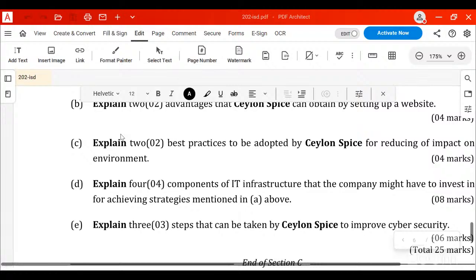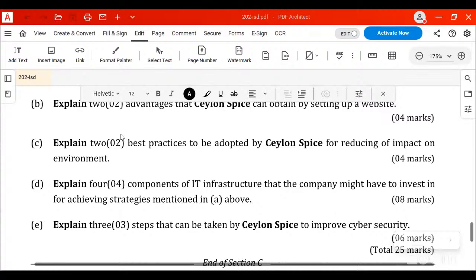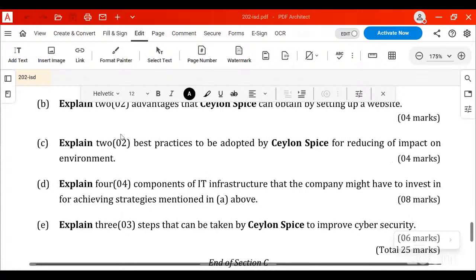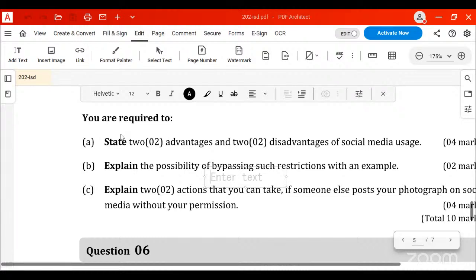Explain four components of IT infrastructure that the company might have to invest in for achieving the strategies mentioned in above A. What are the strategies you have quoted in A, right? For IT infrastructure for warehouse management. One is hardware: computers, barcode scanners, RFID readers, and printers for managing stock and shipments.